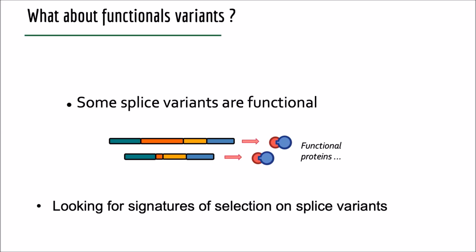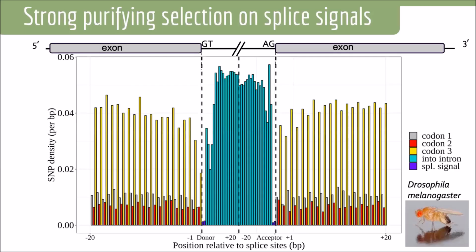Another way to confirm that those abundant splice variants are functional consists in looking for signatures of selection on these splice variants. And for this, we looked at polymorphism data, and notably in Drosophila melanogaster, genome-wide polymorphism data are available.